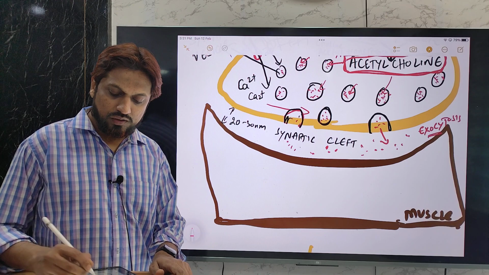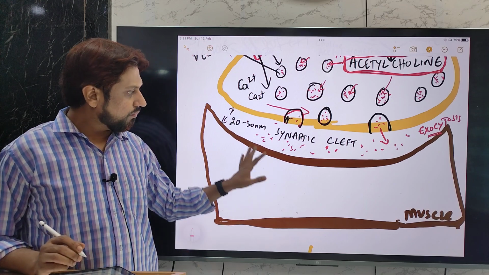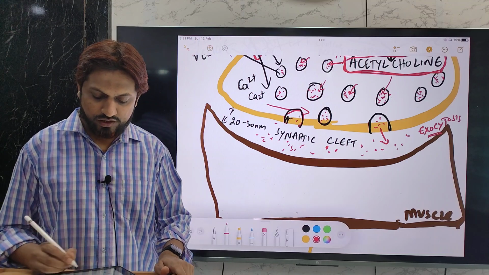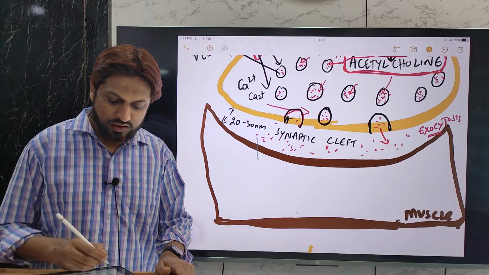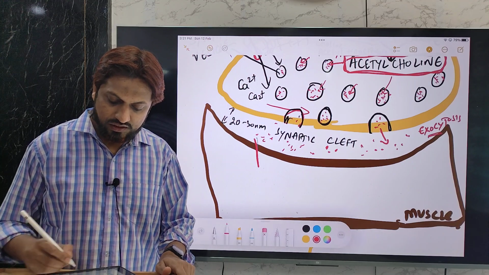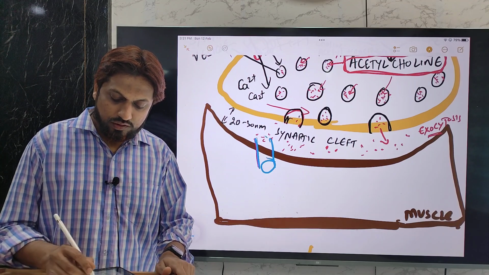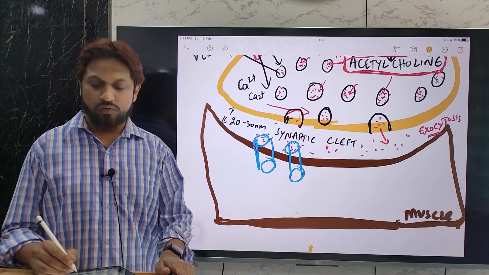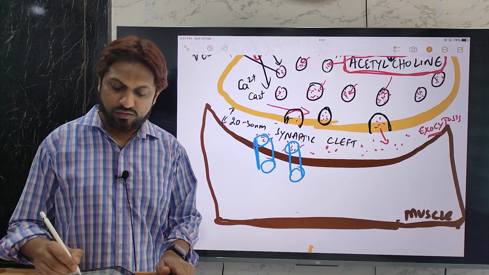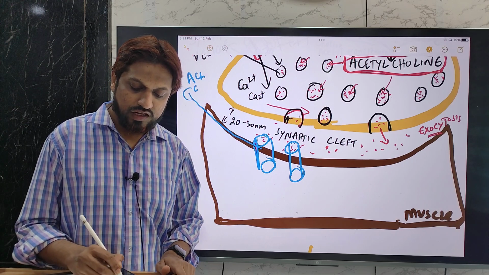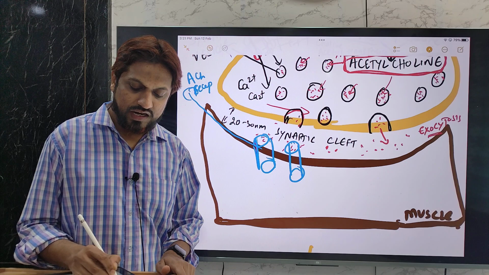On the muscle cell, there is one very important structure known as the ligand gated ion channel, or ligand sensitive ion channel, which is the acetylcholine receptor.